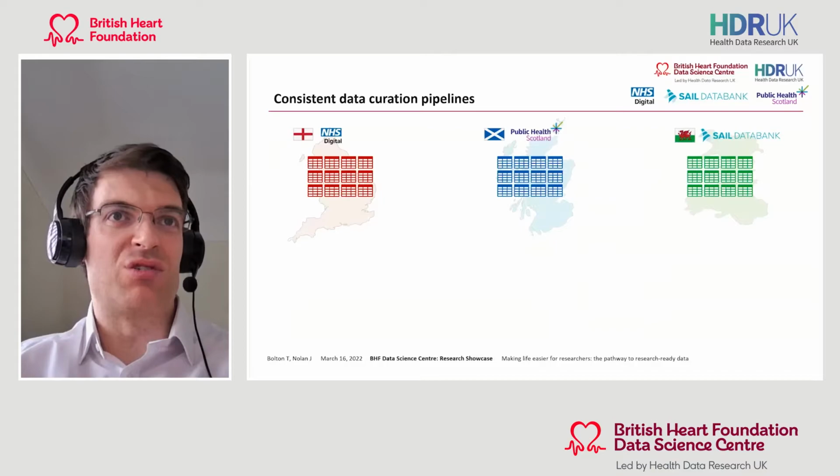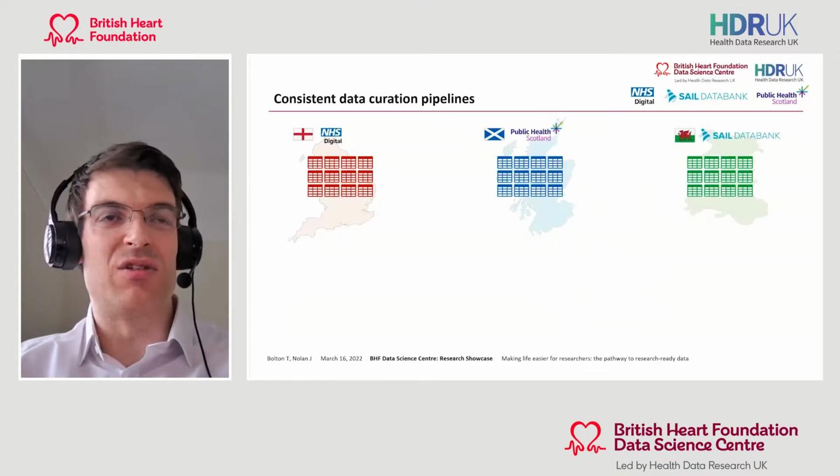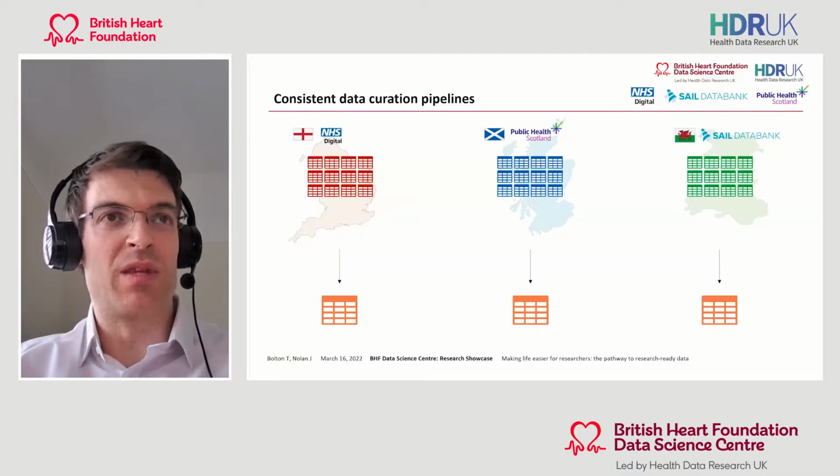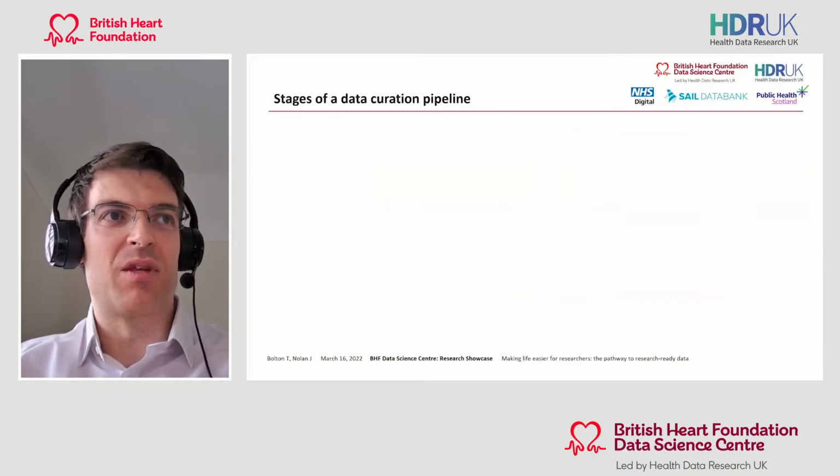Working across the three trusted research environments where the underlying data differs, the aim is to make the data curation pipelines as similar as possible to produce consistent research-ready datasets to allow the same or almost the same analytical code to be run on each dataset.